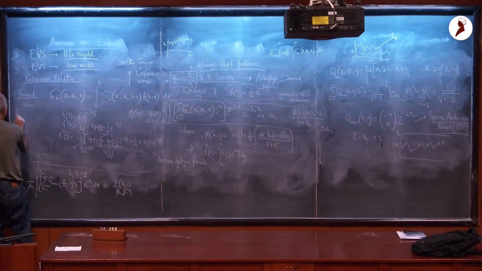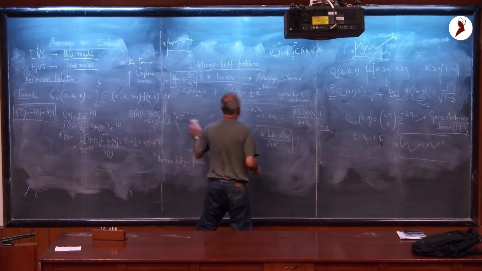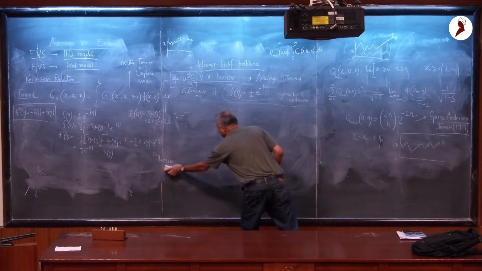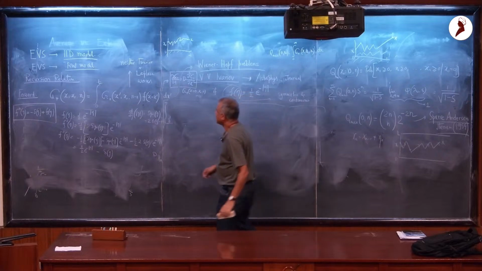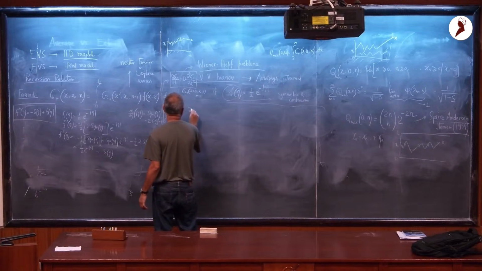So f double prime of eta for this particular case actually satisfies a very nice equation, because this is f of eta. Okay? So now we'll see the magic. So I take this guy, I take a second derivative with respect to x.